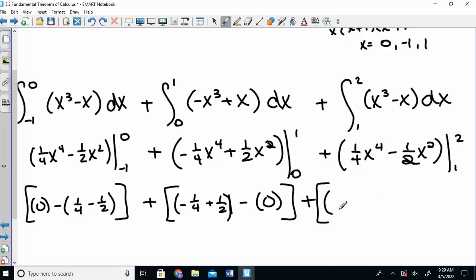If I put in 2, 2 to the 4th is 16 times 1/4 is 4. 2 squared is 4 times 1/2 is 2. Then the 1, we get 1/4 minus 1.